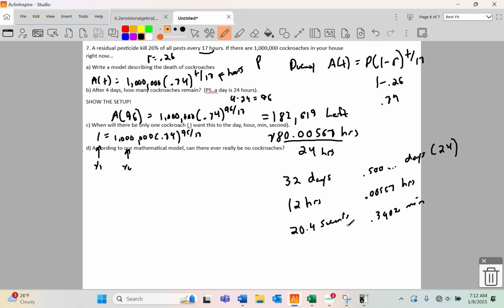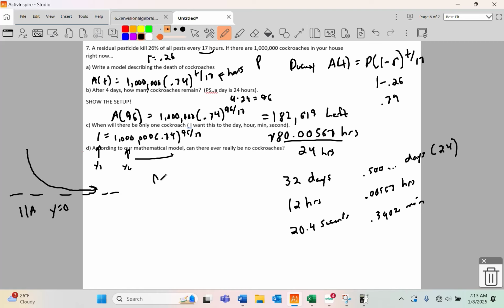All right, according to your mathematical model, can there ever really be no cockroaches? And the answer to that is no, because this thing is decreasing and it's going to have a horizontal asymptote of y equals 0. If you're only getting rid of 26% of something, it's never going to disappear. It will disappear into what we call essentially 0, but there's always a piece of a cockroach left.